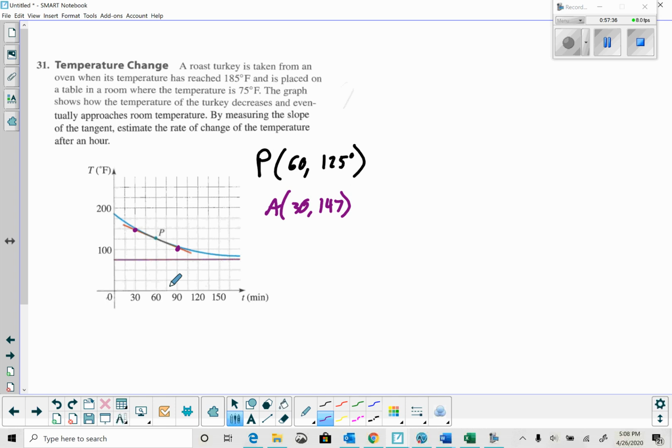Another point that might possibly be on our tangent line is after 90 minutes, the temperature of the bird is, they're saying, down to 106.